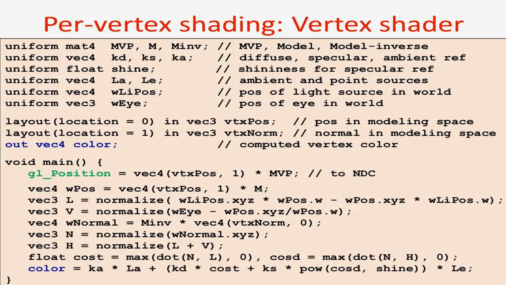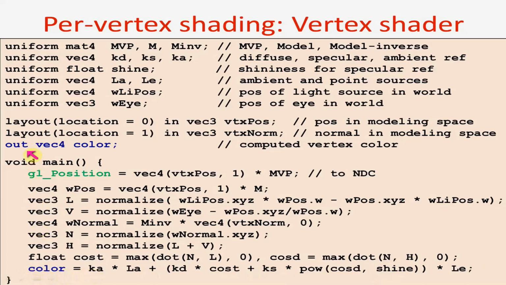The Phong specular reflection also needs the cosine of the angle between the surface normal and the half-way vector, which is obtained by another dot product as these vectors are normalized. Finally, the ambient plus diffuse plus specular reflection model is evaluated and we assign the result to the reflected color.